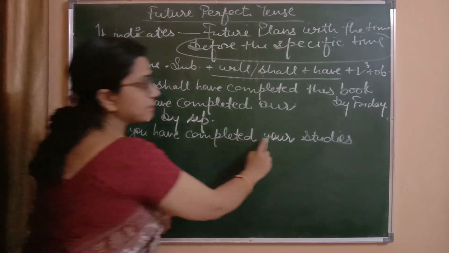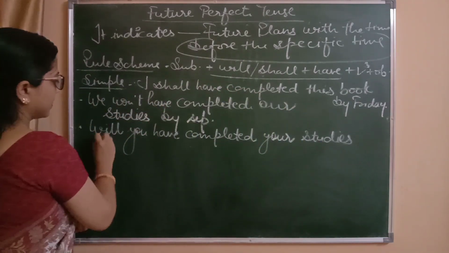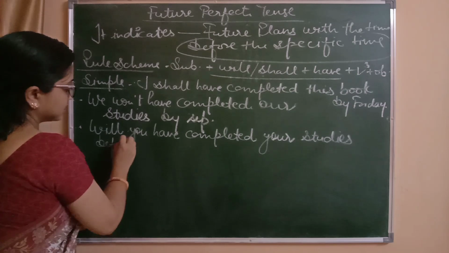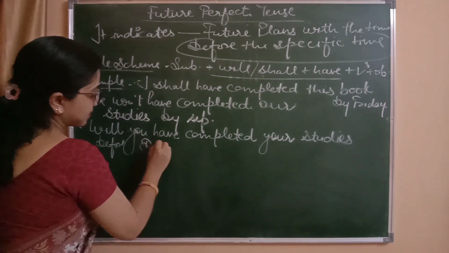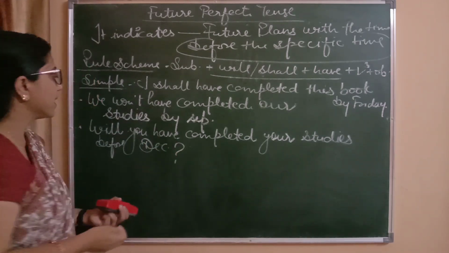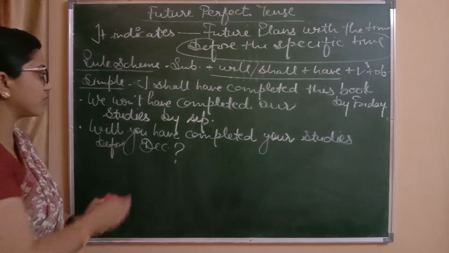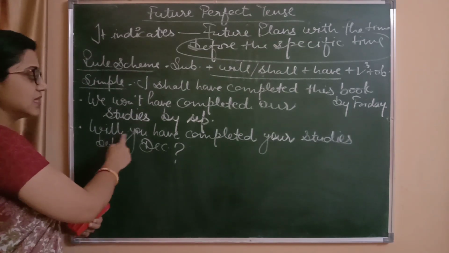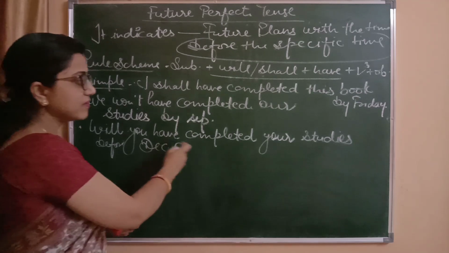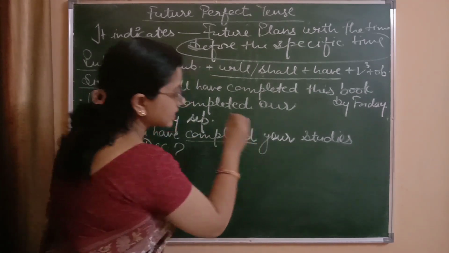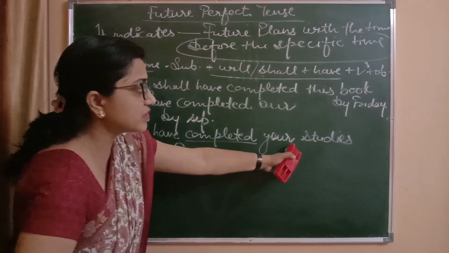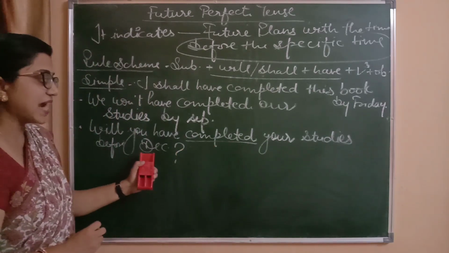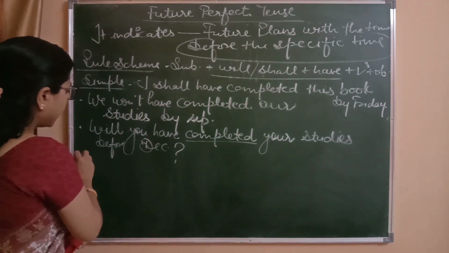Will you have completed your studies before December? Right? Question mark. Means at the beginning of the sentence you are going to use will or shall, then subject, then have, and after this you have to take third form of the verb. Last remaining sentence you have to add at the end of the sentence.